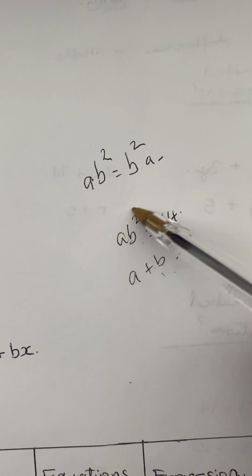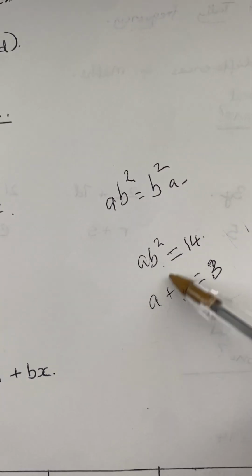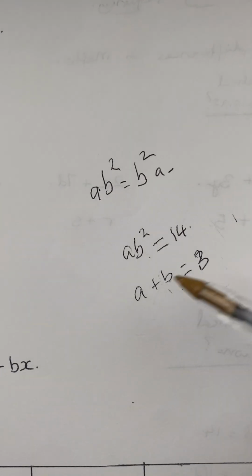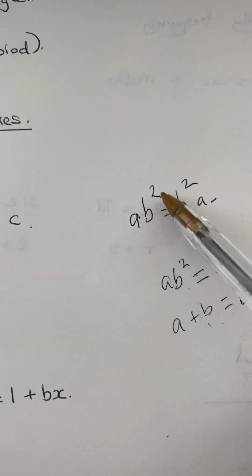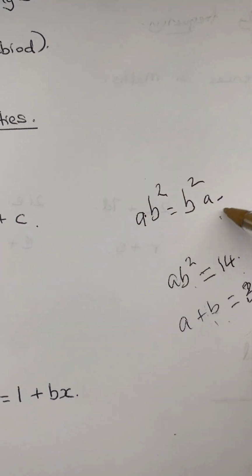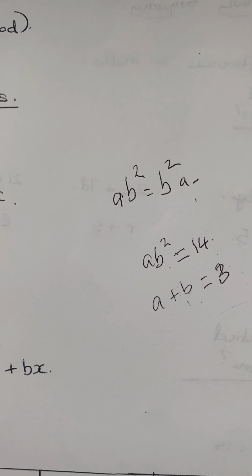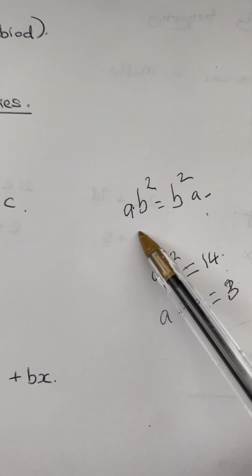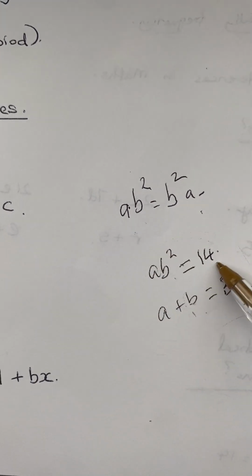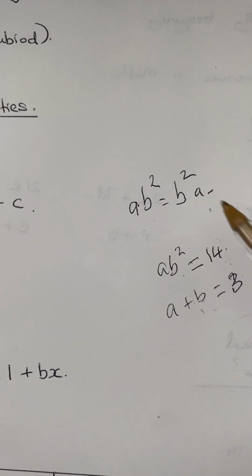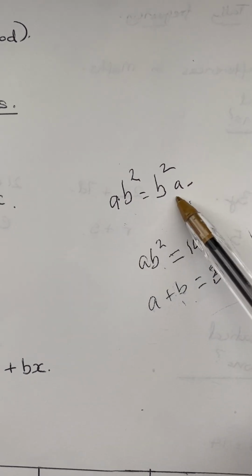So if we are given two equations, we can find a and b. These become equations, but ab squared on its own is an expression. Then if we go a step further, this is an equation.